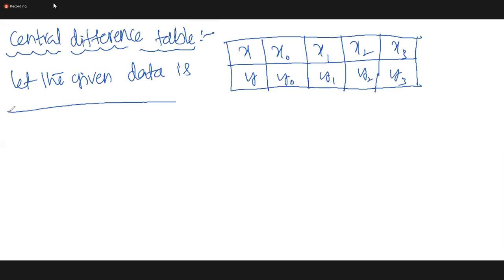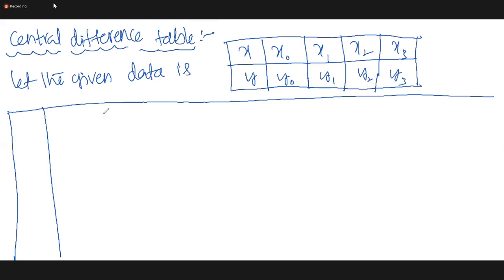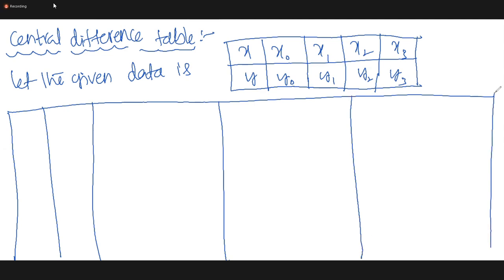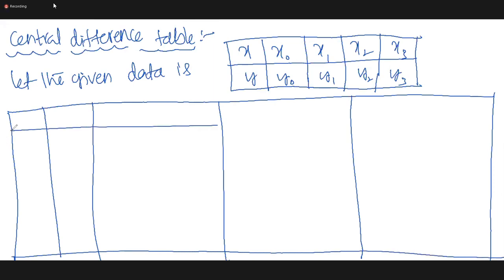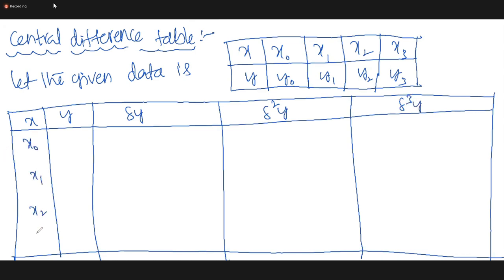Construct the central difference table. So here we have 4 points. 4 points means we will get up to third order central differences. X values, y values, first order central difference, second order central difference, third order central difference. x0, x1, x2, x3, y0, y1, y2, y3.